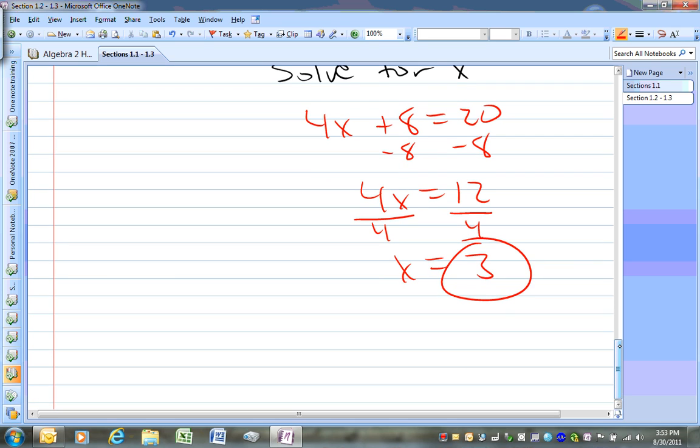Let's step up our game and try one that's a little bit more complicated. I'm going to find one with fractions, because fractions can get really, really ugly. So another example.